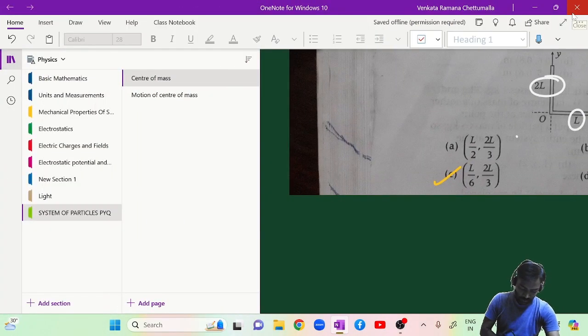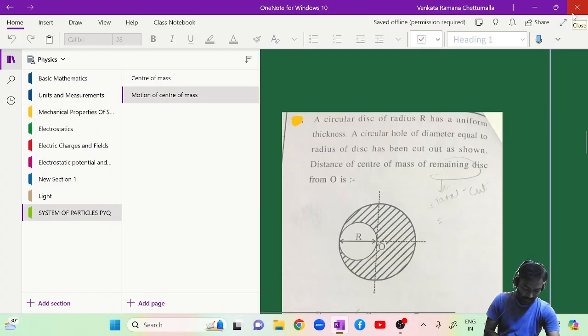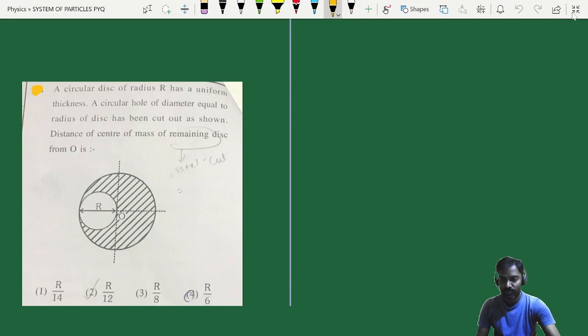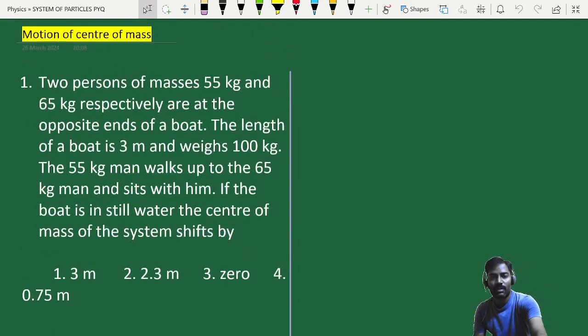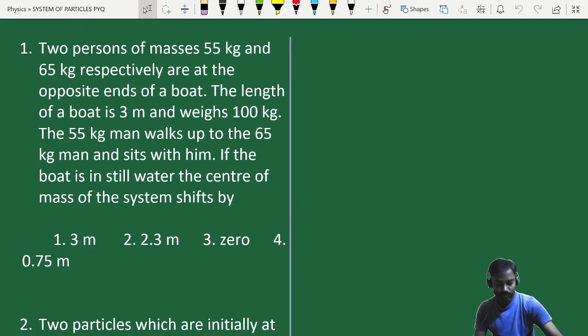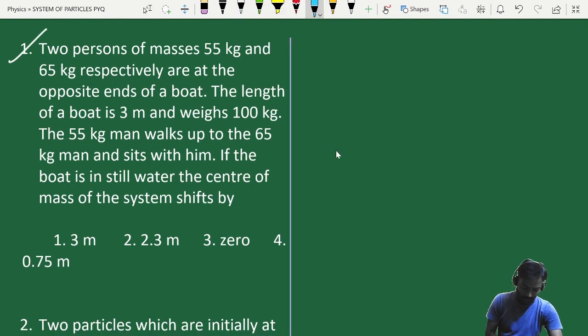Now let's move on to the previous year NEET questions of the motion of center of mass concept. Look at this question, students. They are saying that two persons of masses 55 kg and 65 kg respectively are at the opposite ends of a boat.